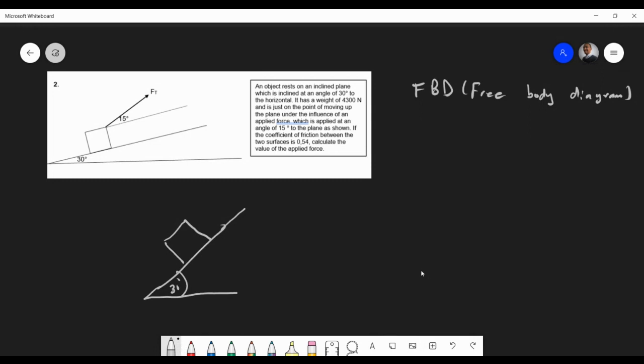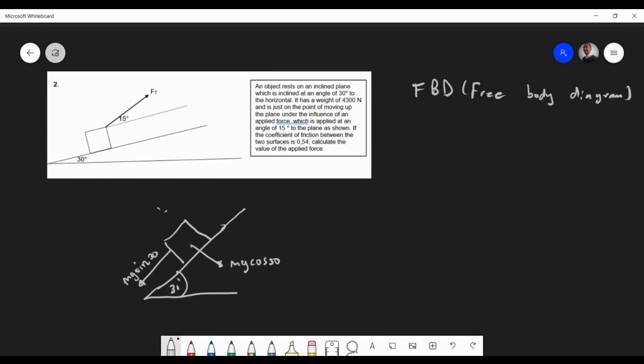Well, maybe a 30-degree slope is a bit generous. We know we've got the body's weight acting downwards, but the weight is now split up into two components. I'm not going to sketch the actual weight, but we are aware of the mg sin component, and I'll include the angle 30 degrees. Of course, we have another one going like that, which is mg cos 30. I hope you guys all get that.